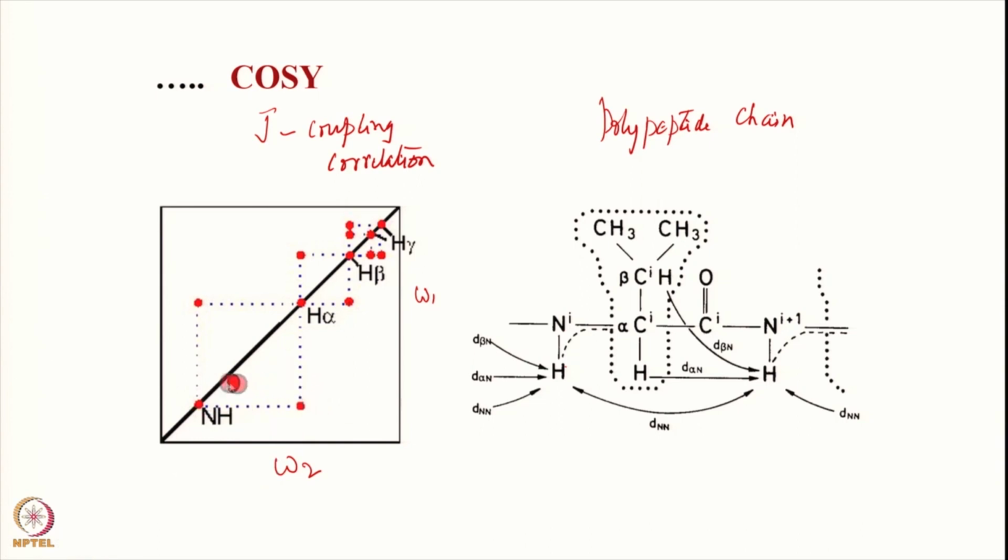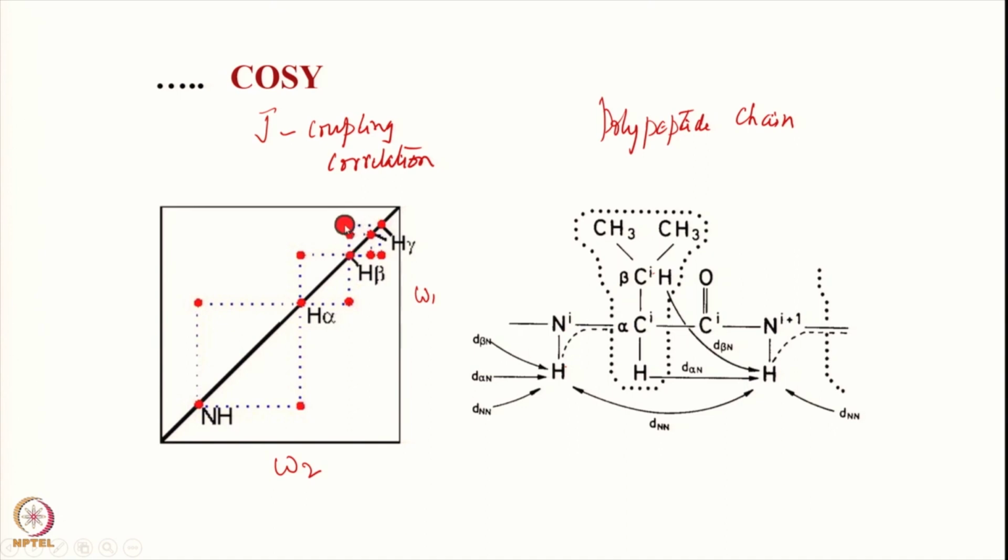So now what happens next? From the beta, do I have any other transfer? Now look here, the beta proton is coupled to the methyl groups, the CH3 protons. So from beta I will have a coupling to the gamma, and there are 2 gammas.